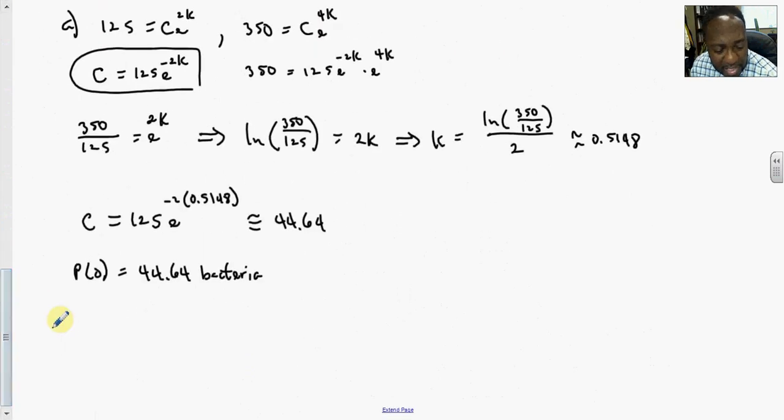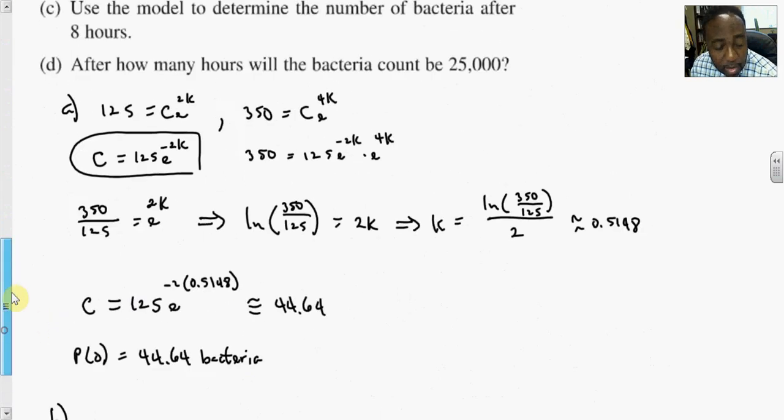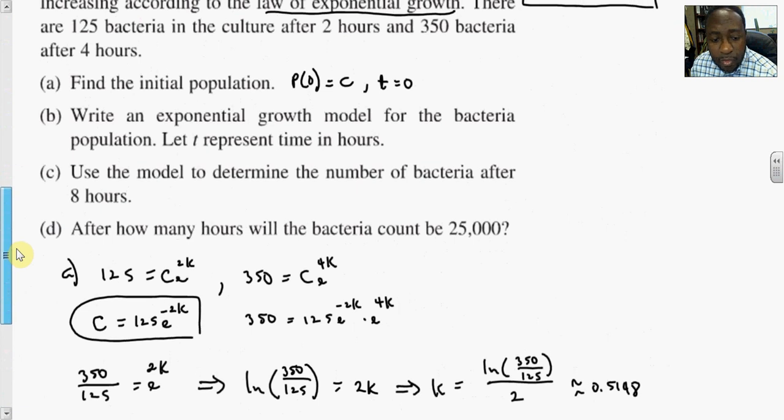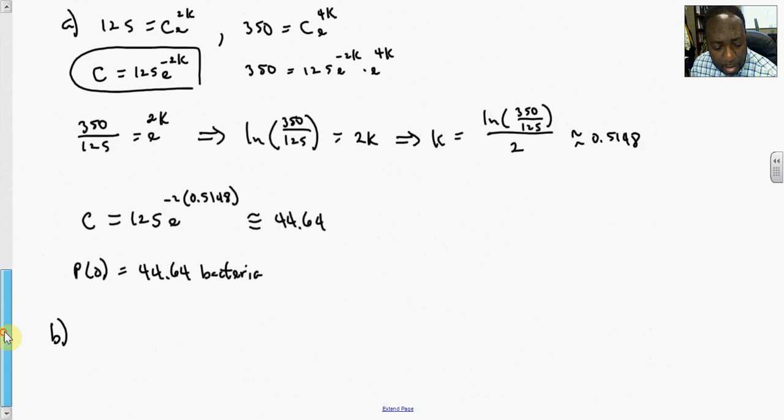And part B, this is write a formula. No problem, we have the work. P of t is equal to C, where C is the 44 point, well, better to just write the generic information.